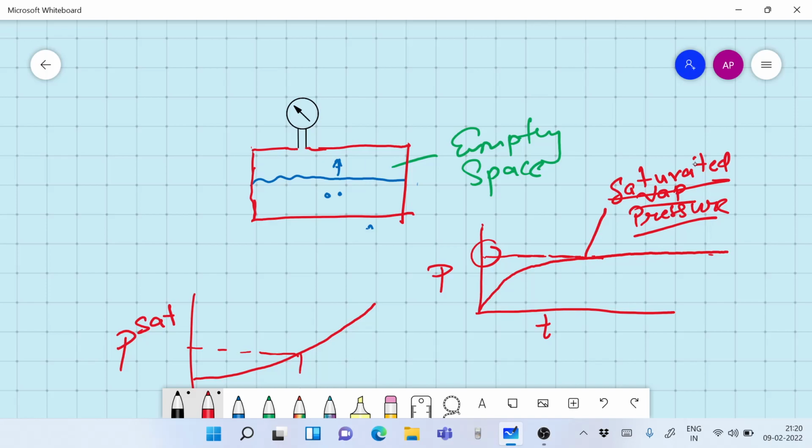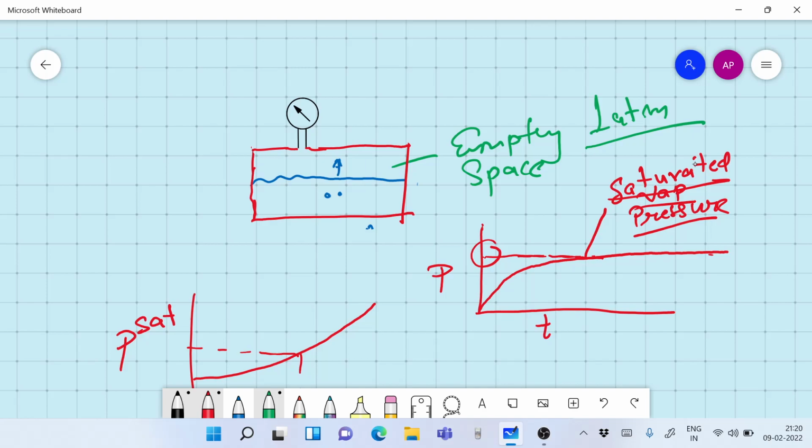Whenever you're storing liquid in a tank, you cannot design it by simply believing that the pressure in this tank is going to remain 1 atmosphere. Please do not be under this folly. The pressure eventually is going to be higher because vapor is going to get accumulated in the empty space and apply vapor pressure. So the pressure over and above the atmosphere is the vapor pressure.